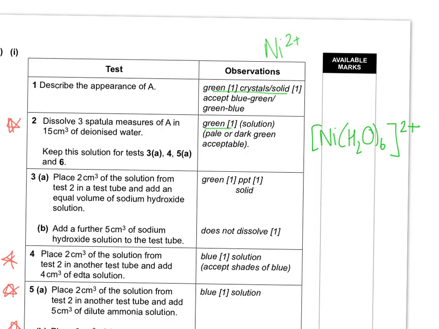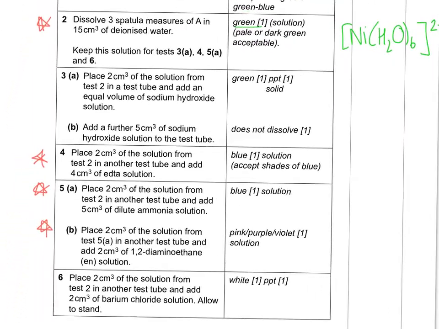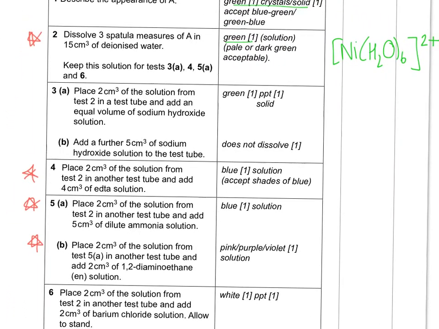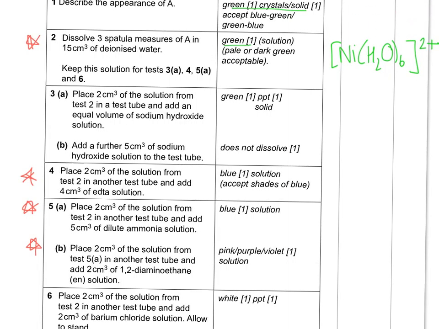So let's then go down to test number 4. So what we've done is we have taken some of the solution. So it says here, the solution from test 2, so some of our hexa-aqua solution, and add some EDTA solution. So what happens when EDTA comes in?